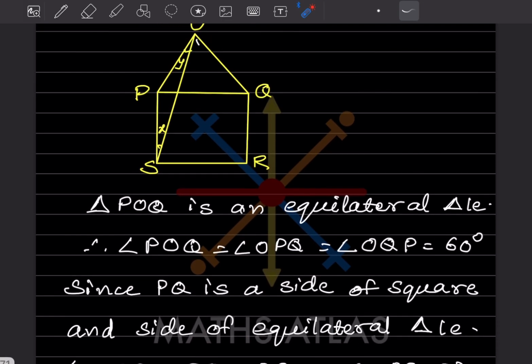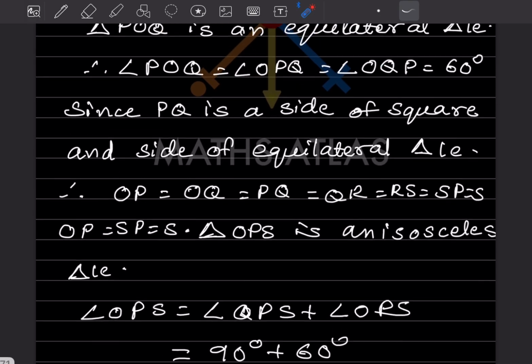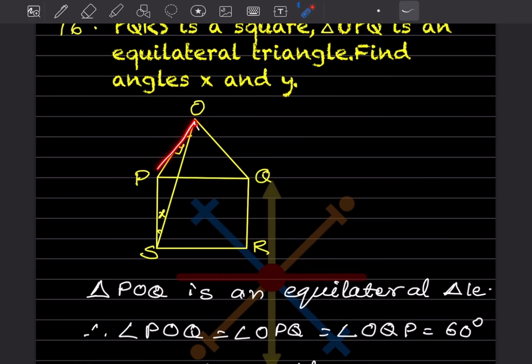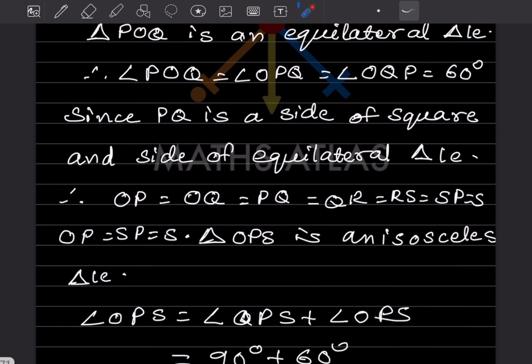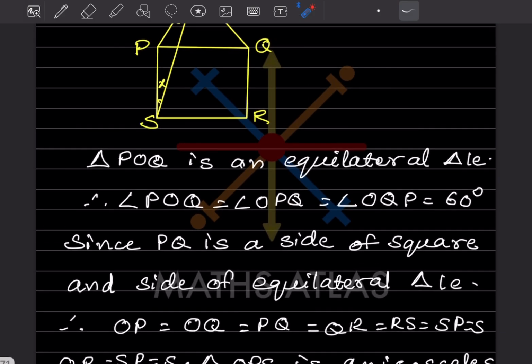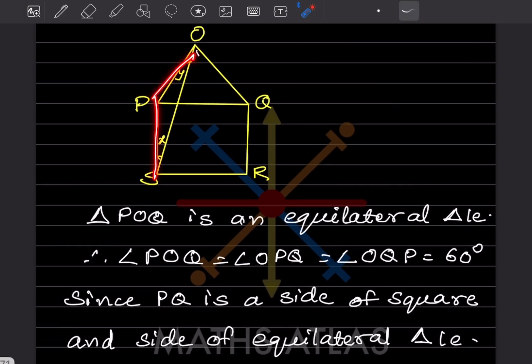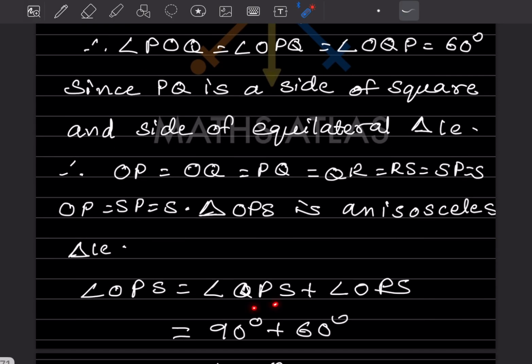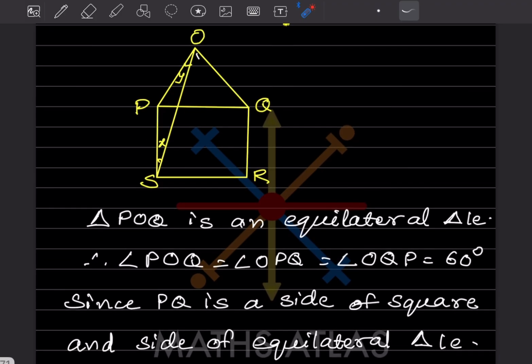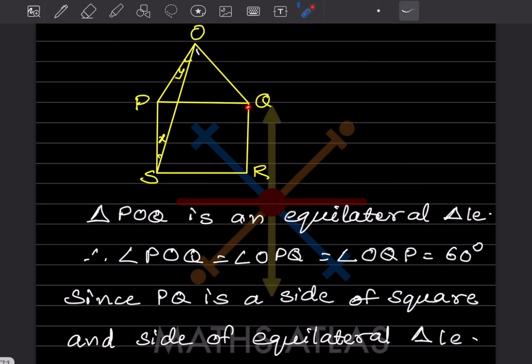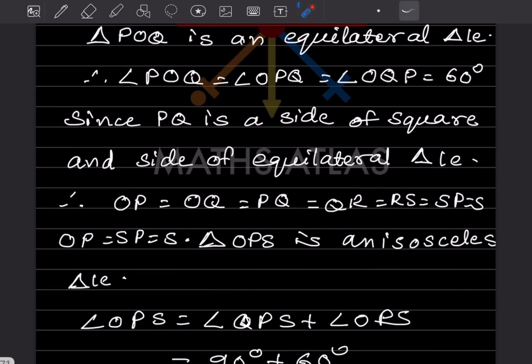So we can say OPS, this one, is an isosceles triangle. So angle OPS is equal to angle QPS plus angle OPQ.